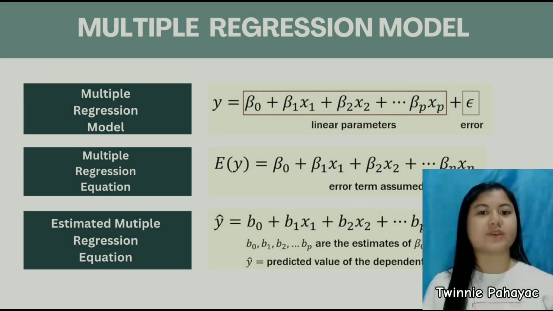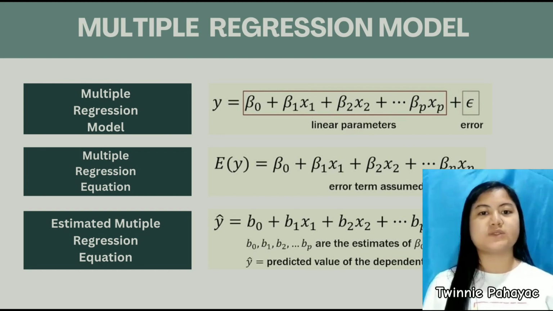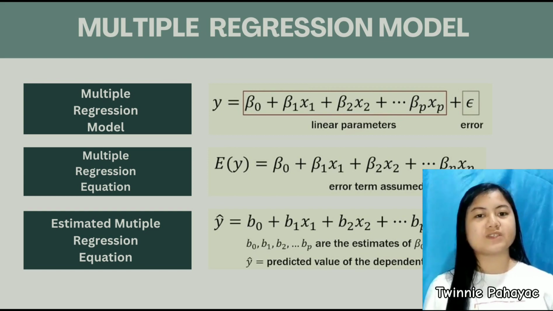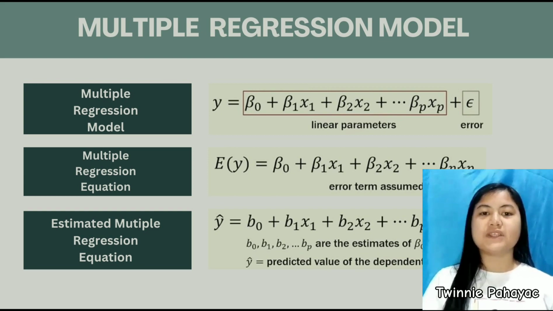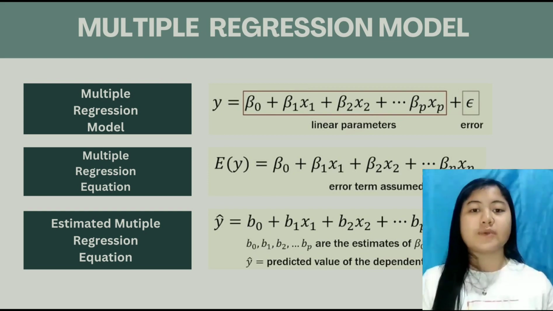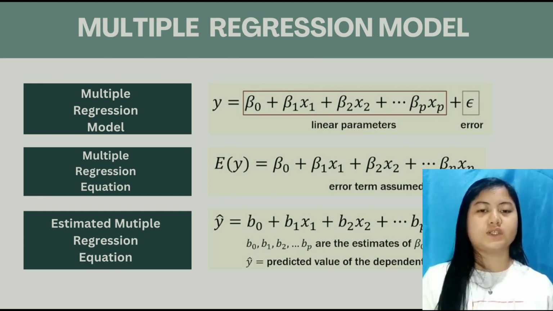Next would be the multiple regression model. It allows us to predict the values of the dependent variable based on the values of the independent variables. So this can be useful in various fields. In getting this multiple regression model, we have this formula presented on the screen.